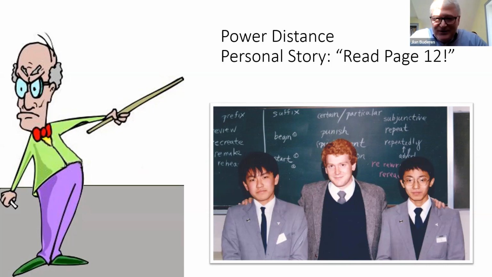And so the next day he went back to his class and he said, I talked to Mr. Brender, and he had suggested that I teach this class the way an American teacher would. And so Mr. Noguchi, would you please read page 12? And all of the students snickered and they said, I can't believe he's asking me, he's saying please, and he's doing this politely.